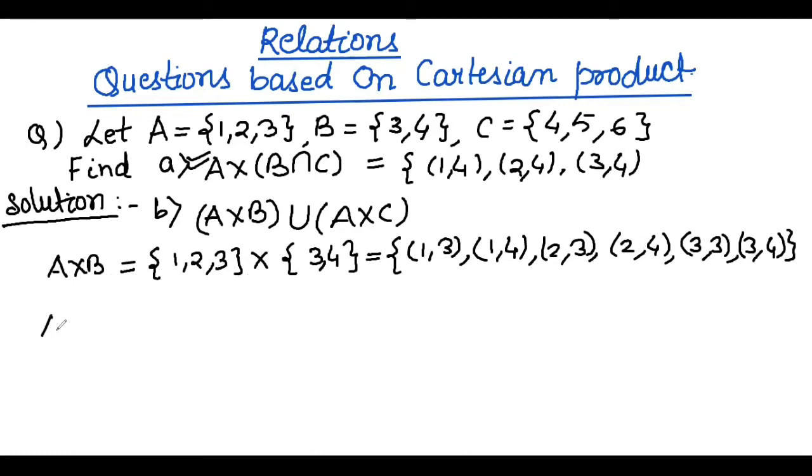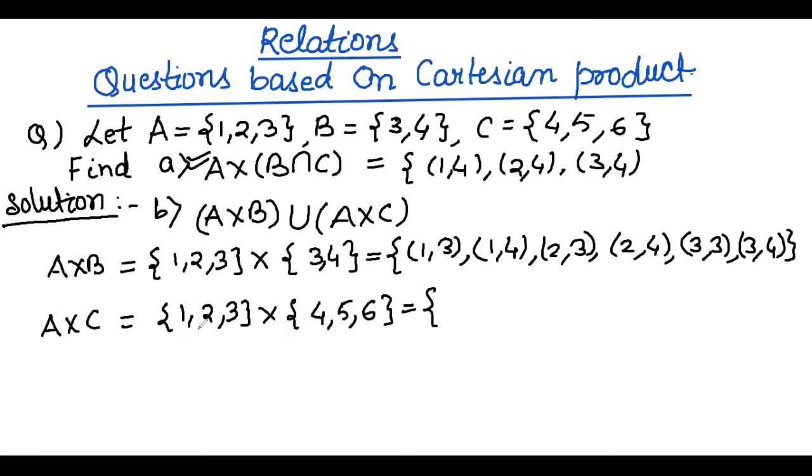Similarly, we'll find out here A cross C. So A is here 1, 2, 3. Then set C is here 4, 5, 6. Now here 3 elements and 3 elements.